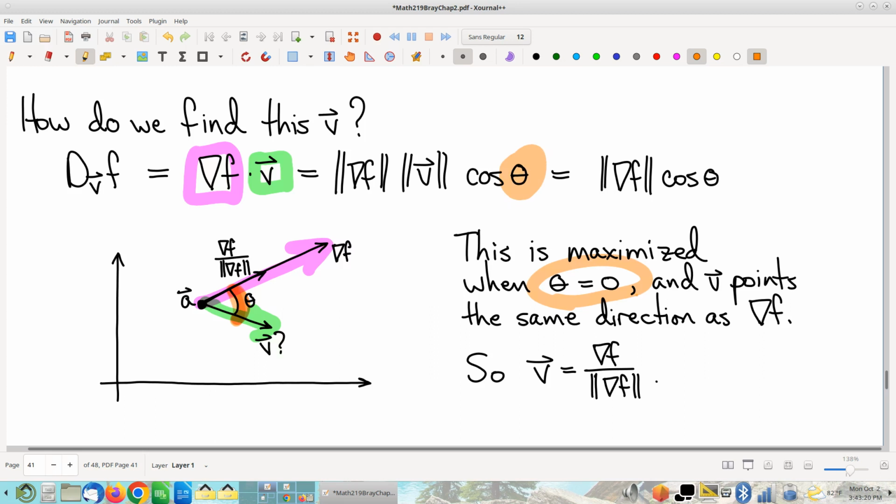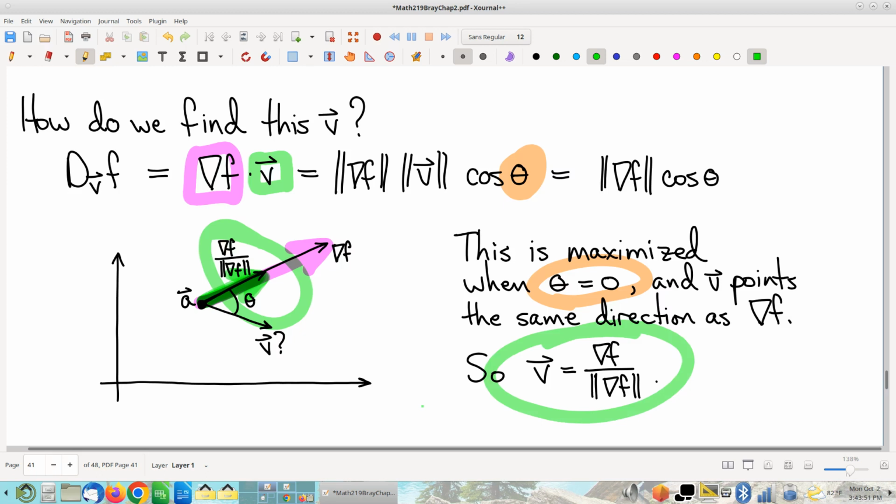If that angle is 0, I redraw the picture as follows. The picture is actually that. And so the vector that I'm looking for, this unit vector, is the unit vector that points in the same direction as the gradient, for which we have this easy formula.